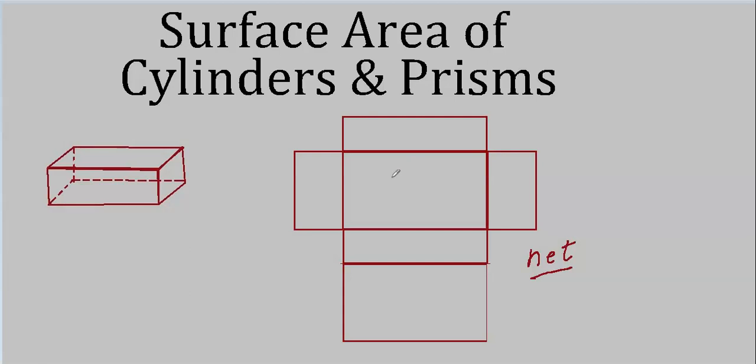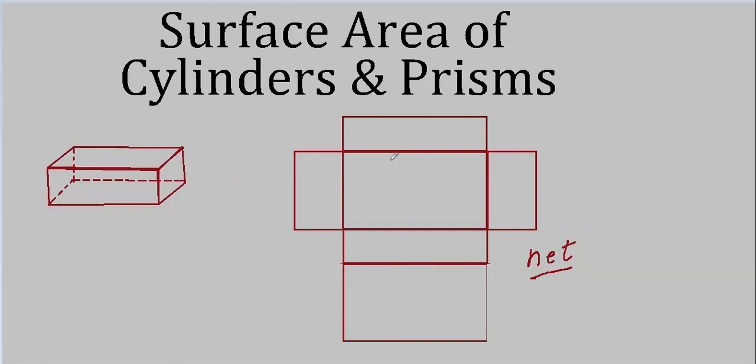Throughout this chapter you should see other nets, and the way they turn up on your state exam is normally in terms of identifying the net. For instance, you could look at this, now that we've seen what it is, or maybe you could have done it anyway, and realize that if you folded this part towards this line, and then folded this one up, then flip these two up, you would end up with this.